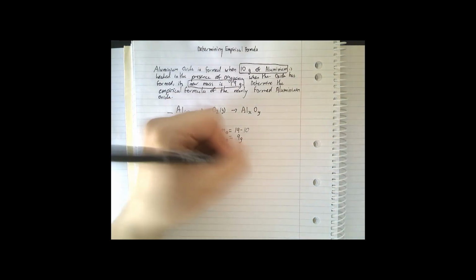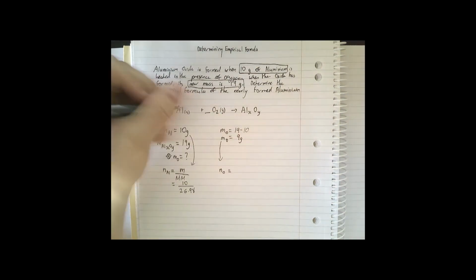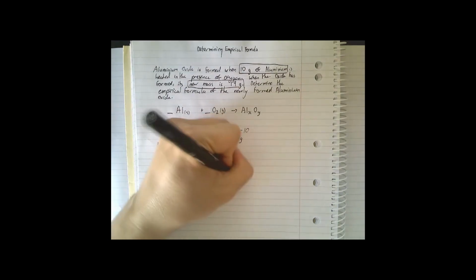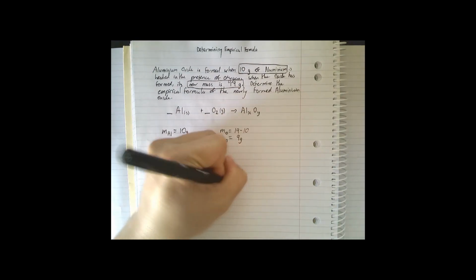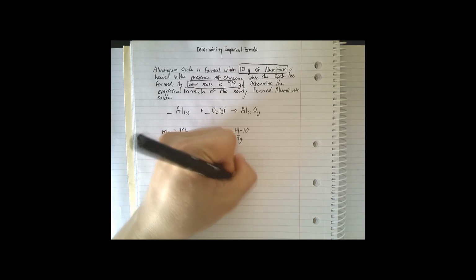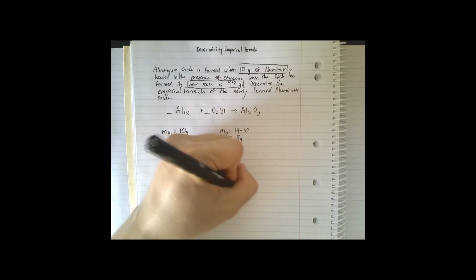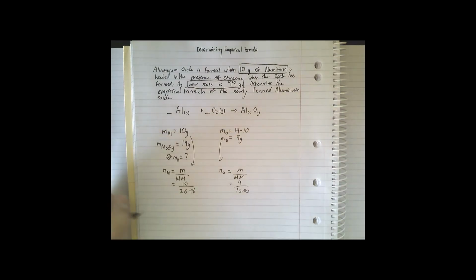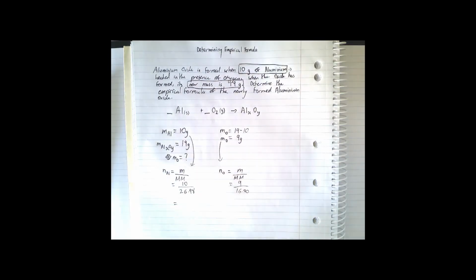And for the number of moles of oxygen, we know that it's also going to be mass divided by the oxygen's molar mass. The mass of oxygen that reacted we already determined to be 9, and the molar mass is always 16.00 grams per mole. From here, we can determine the number of moles by doing some simple calculations, and we can do that for both at the same time.